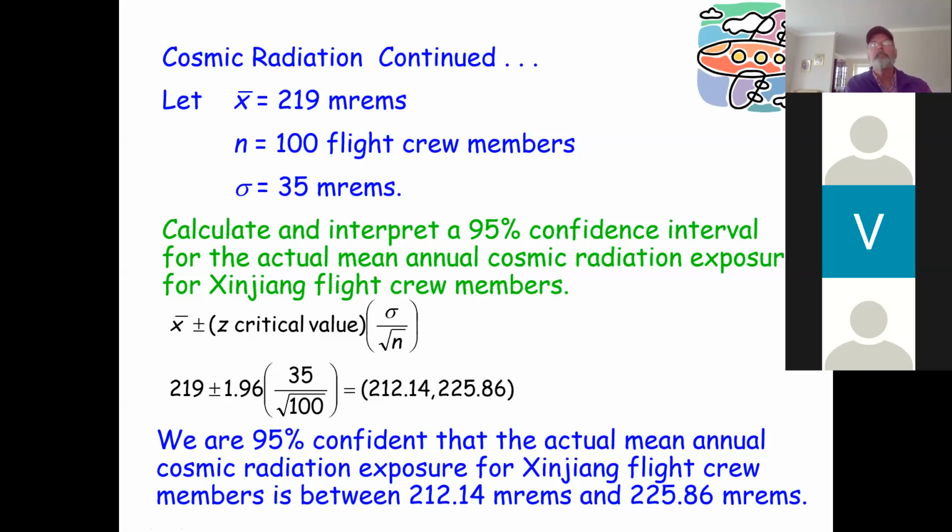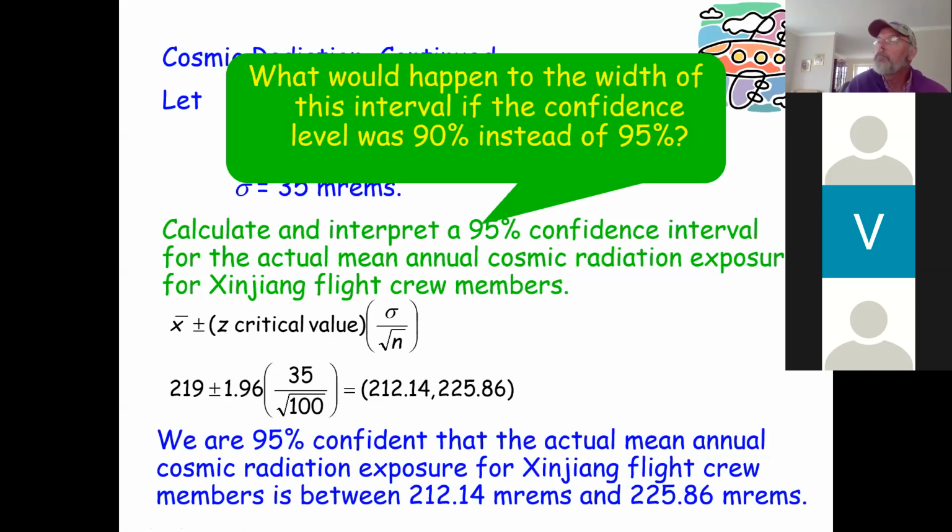Questions about this? Okay, so what would happen to the width of the interval if the confidence level changed from 95 to 90% confidence?